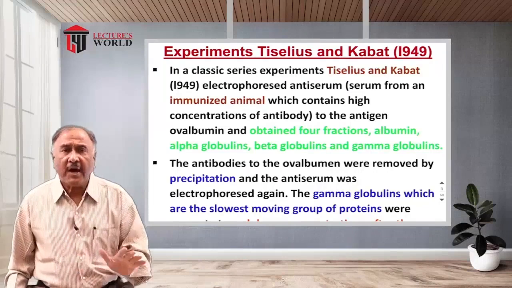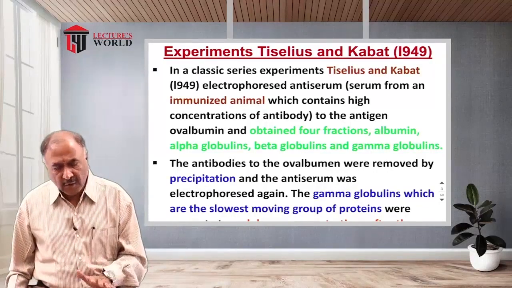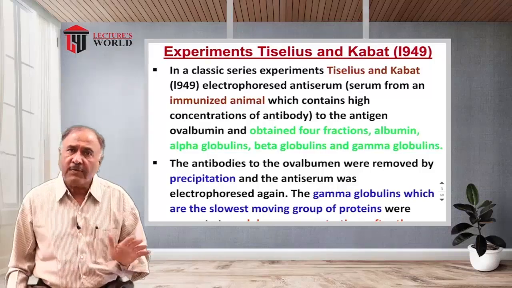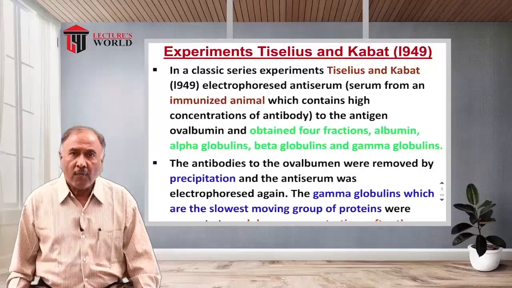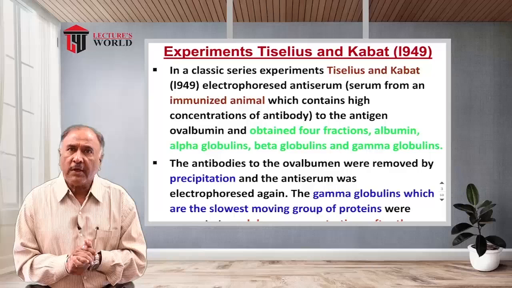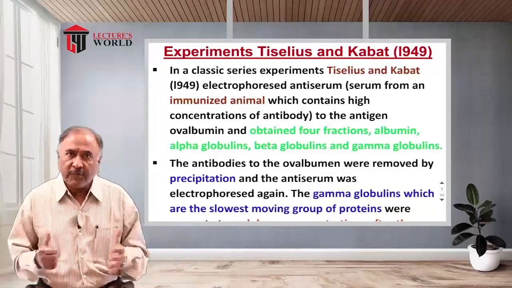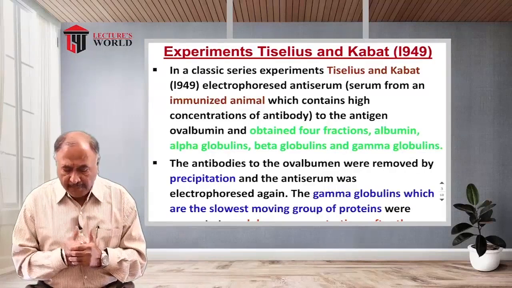All of them are proteins. Albumin is also a protein, and alpha, beta and gamma globulins are also proteins. So when you obtain such 4 peaks during electrophoresis, it means these 4 proteins were separated by electrophoresis.